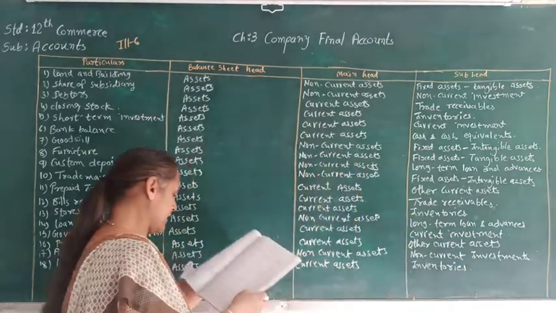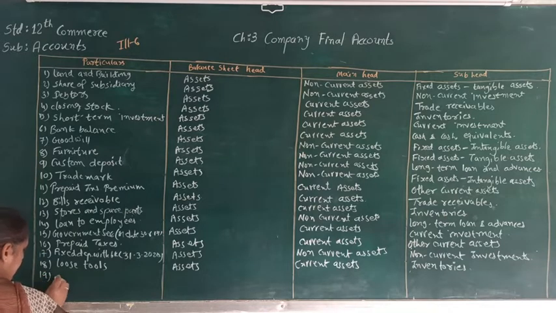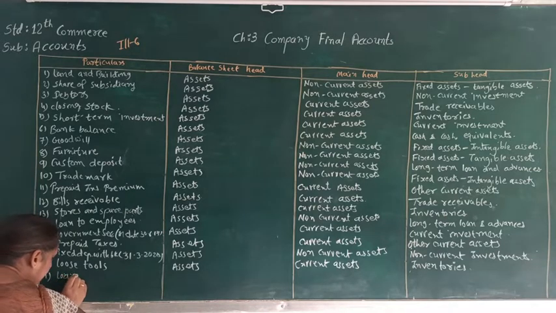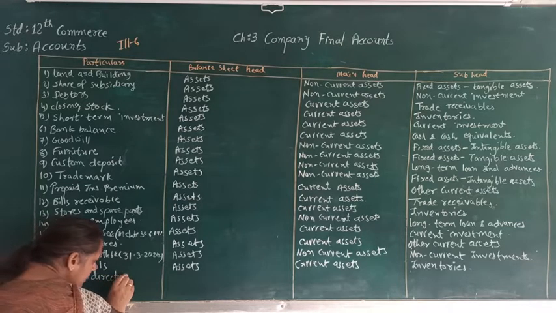Now let's see number 19, loan to director, which is shown as a temporary loan. Loan to director, which is temporary.